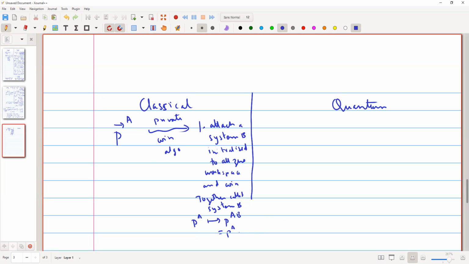So PA times the all zeros, which is just a concentrated probability distribution. I think I used the notation 0. You could do accept or reject based on the coin register. And this is the workspace register initialized to all zeros.